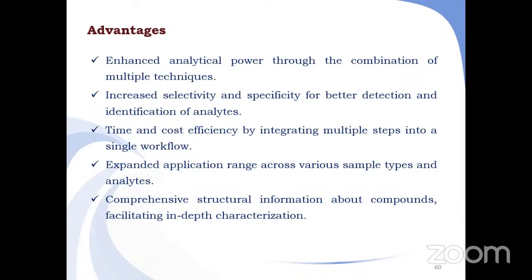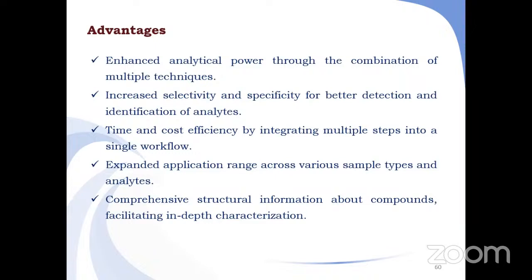Whereas there is time and cost efficiency by integrating multiple steps into a single workflow.